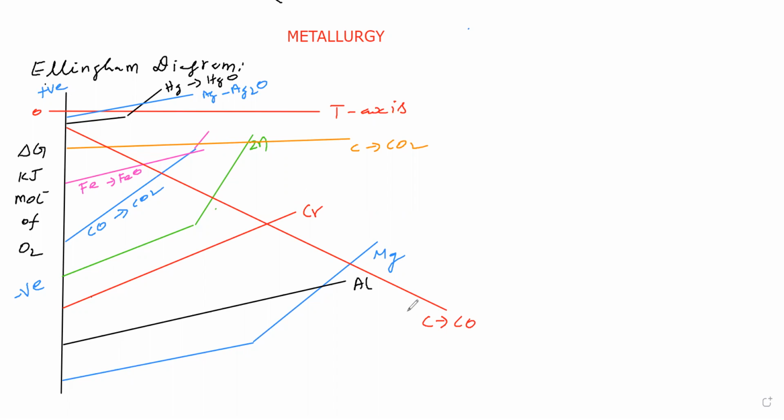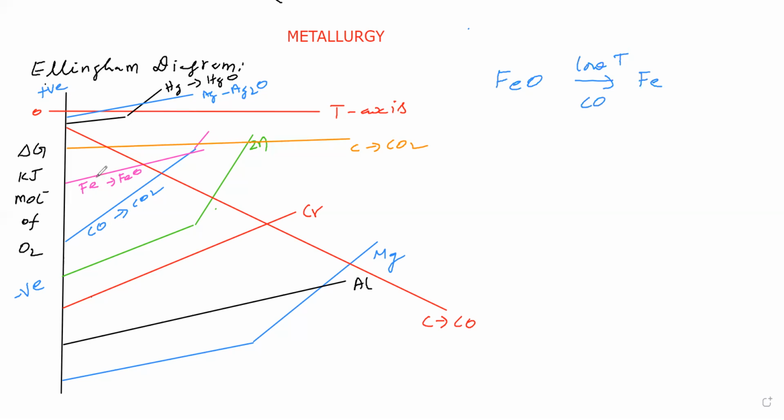At lower temperature, we can use carbon monoxide as a reducing agent to convert FeO into Fe, because carbon monoxide is below iron.